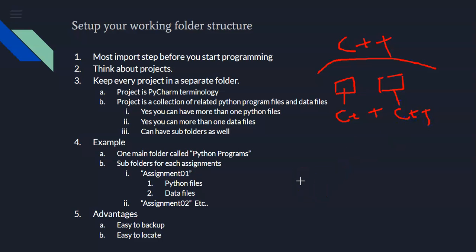Likewise, if you're learning Java, you can have one more main folder for Java, and underneath you can have various subfolders. Each subfolder you can think of as a project, and each subfolder will have a number of Java files and the corresponding data files.